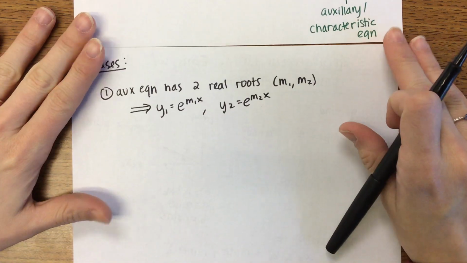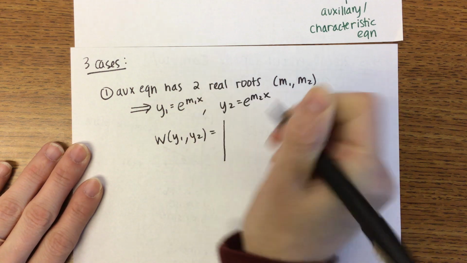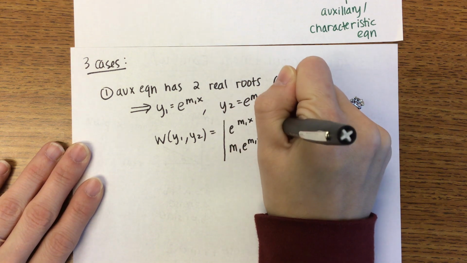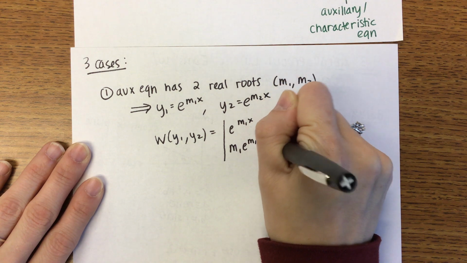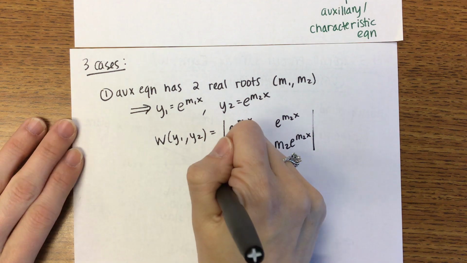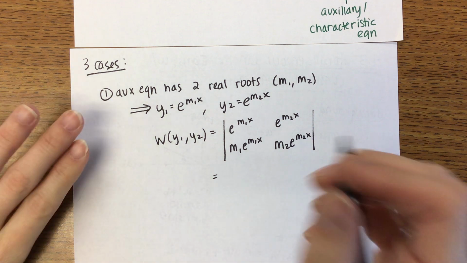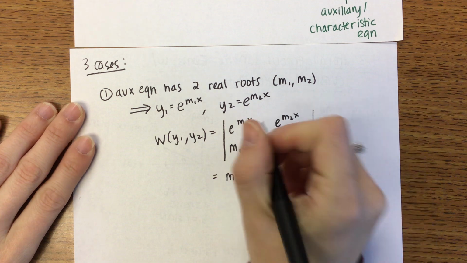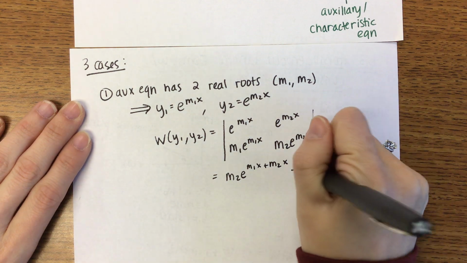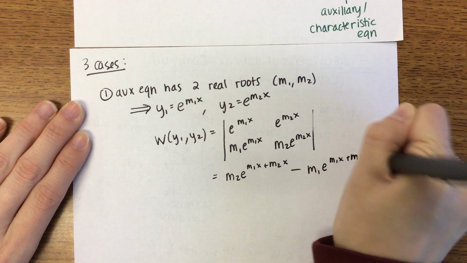The Wronskian. Okay, so now we're going to calculate the Wronskian of these 2. Okay, so when we do this, we get m2 e to the power m1x plus m2x minus m1 e to the m1x plus m2x.